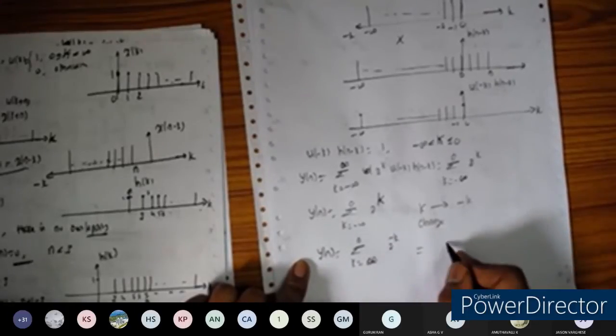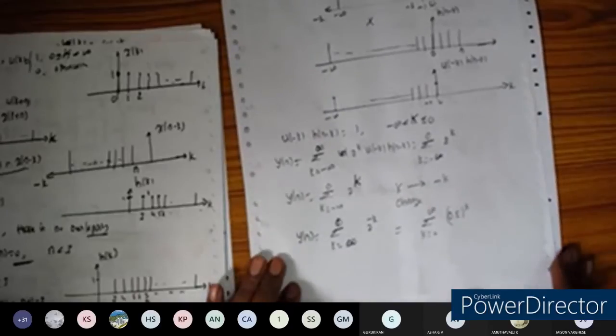So 1 by 2 is 0.5, and minus k can be written as 0.5 to the power of k.